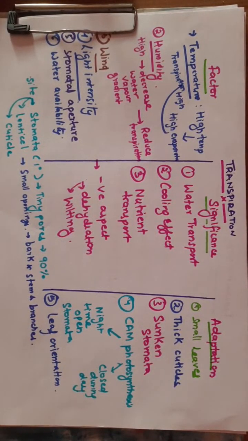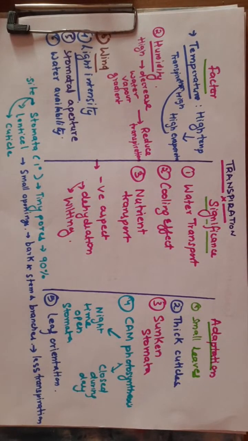Water will evaporate in the form of vapors from the lenticels also. However, the contribution towards the total transpiration rate by the plant is very little. So the lenticels contribute to a lesser extent to the total transpiration.